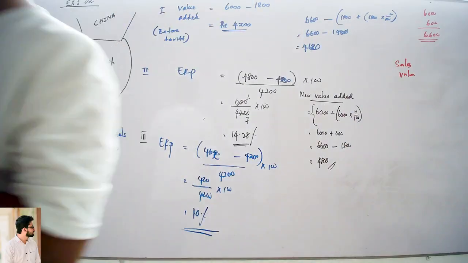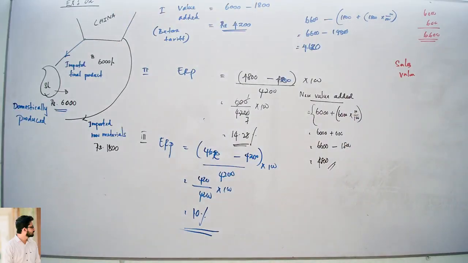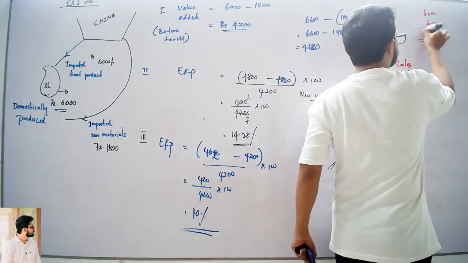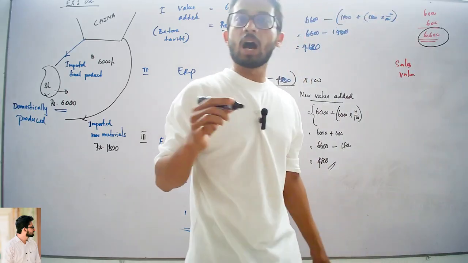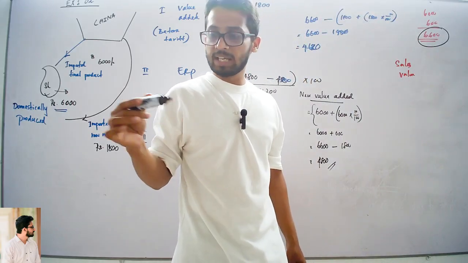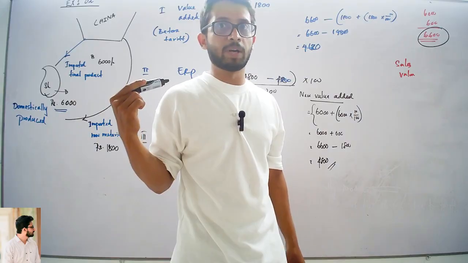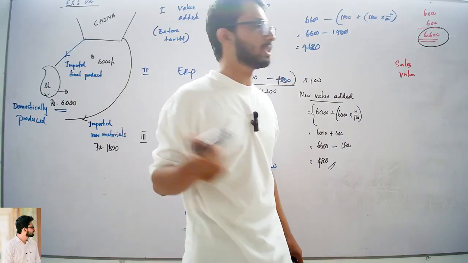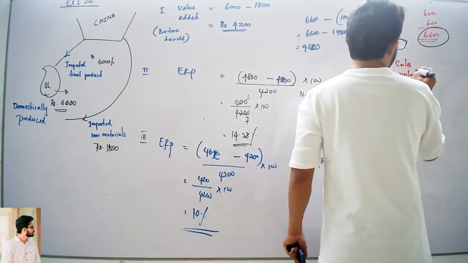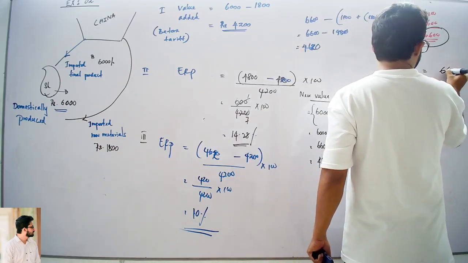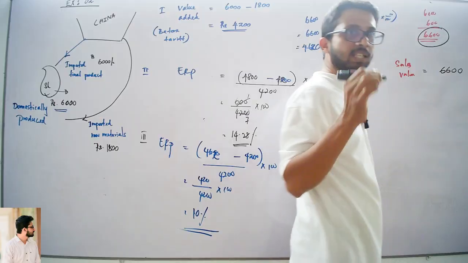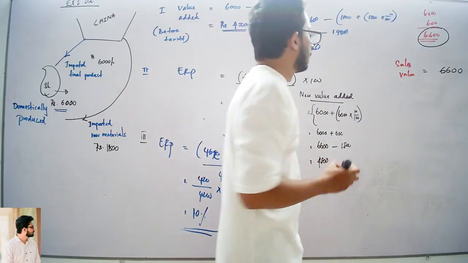Is that right, Sandeep? Okay, children? 6,600 is the price of the domestic product after the tariff, a 10% tariff on the imported final product. Is that clear?